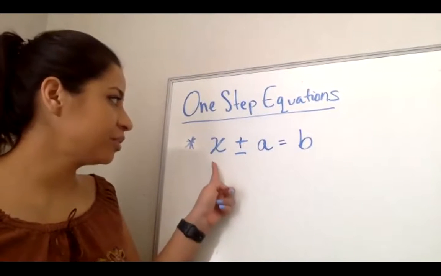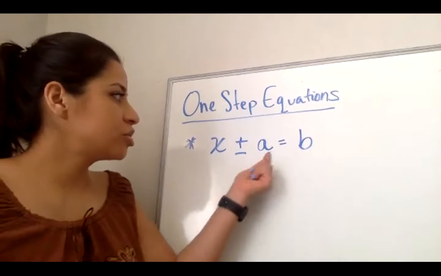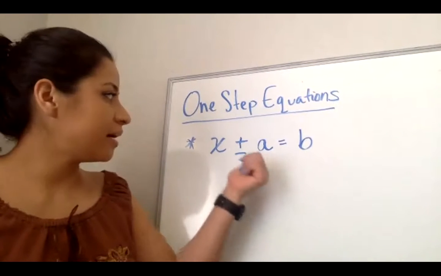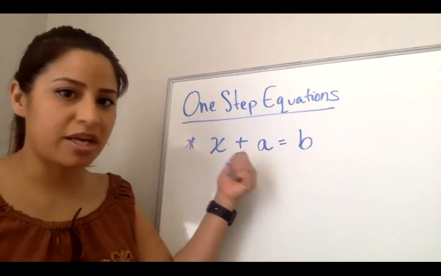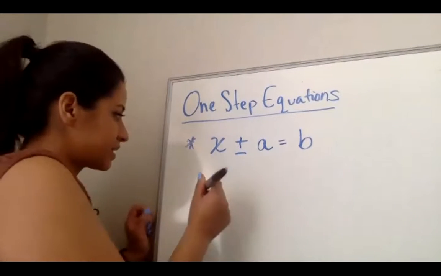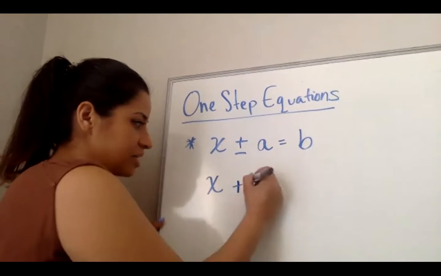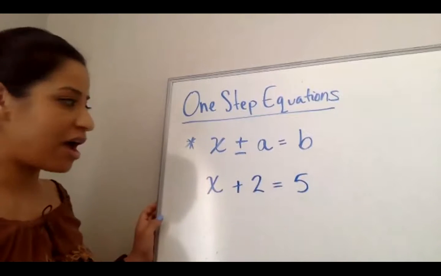You'll have a variable, it can be any letter, and then two numbers. So A and B are going to represent numbers, and it'll be a plus or a minus sign for these types of problems. Let me get rid of some of these letters so it looks a little less scary. They'll usually look like this: x plus 2 equals 5, or x minus 2 equals 5.